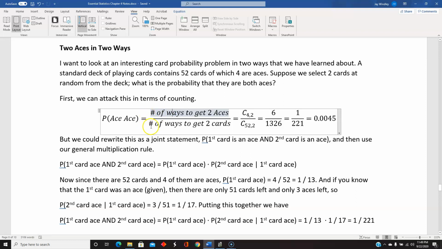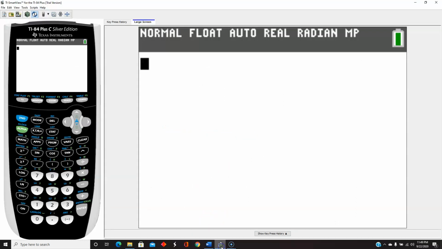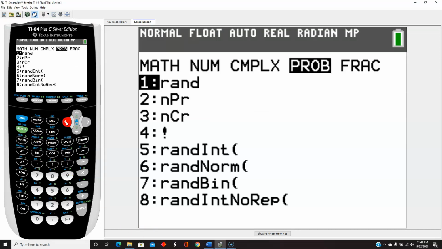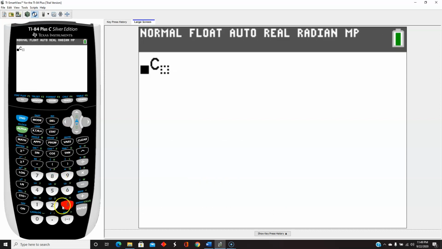That's actually a simple calculation with combinations, because the number of ways I can get 2 cards is 52 choose 2. So bring that up on the calculator: Math, probability, combinations, 52 choose 2.